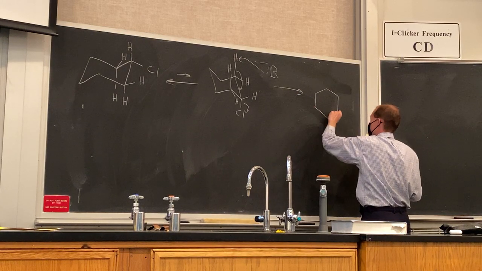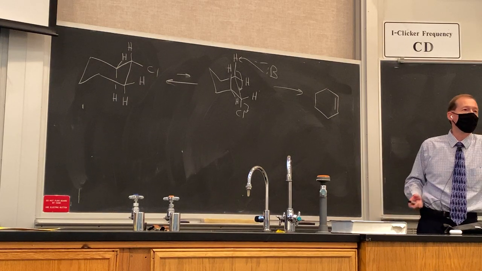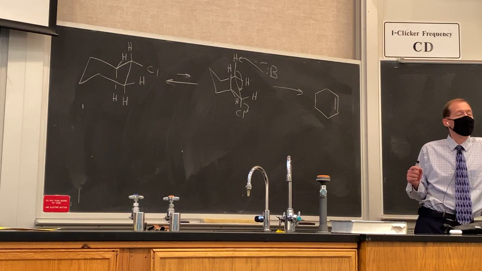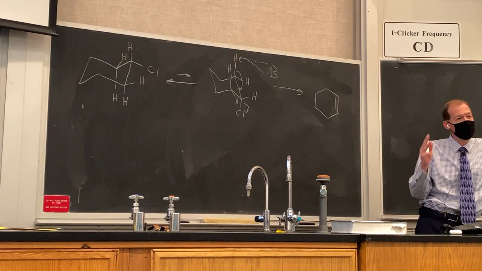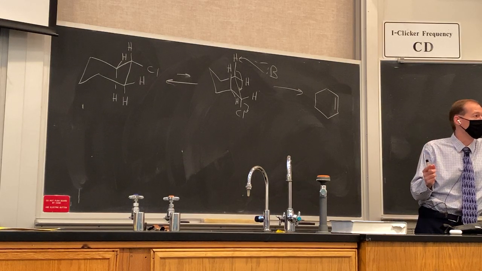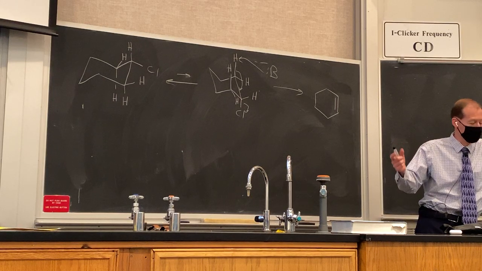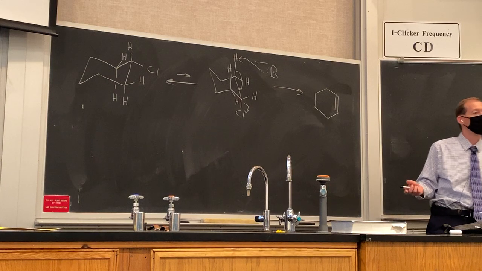And we can obtain cyclohexene. So what we learn is that to perform an E2 reaction on a cyclohexyl halide, we have to have that halide in the axial position and have at least 1 beta hydrogen in an axial position in order for the E2 reaction to occur. Questions?